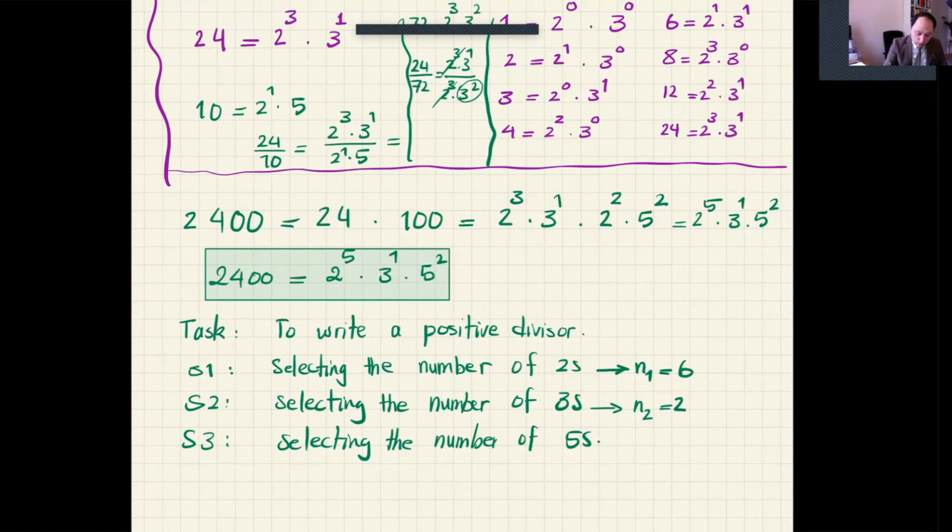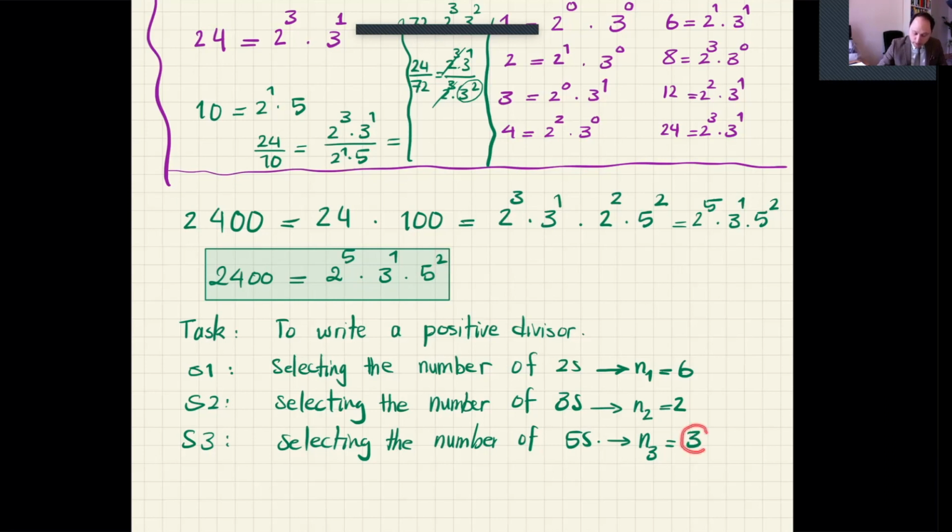Okay, and then when I go to the last one, N3 is the number of ways that I can choose 5s. Because the exponent of 5 is 2, I can choose not to choose 5 at all, or 1 5, or at most 2 5s. So there are 3 options available here. But again, you need to be a little bit careful.